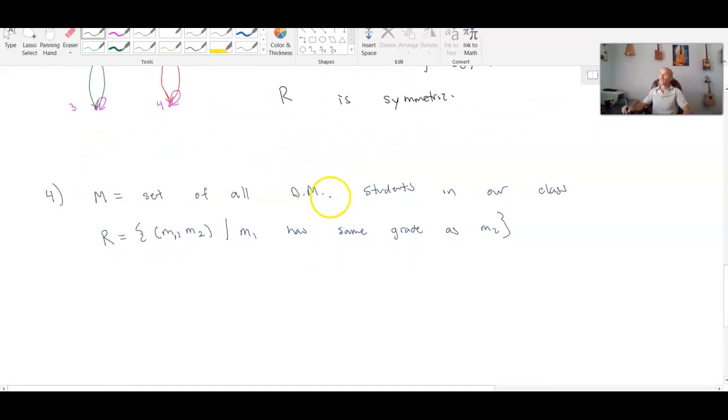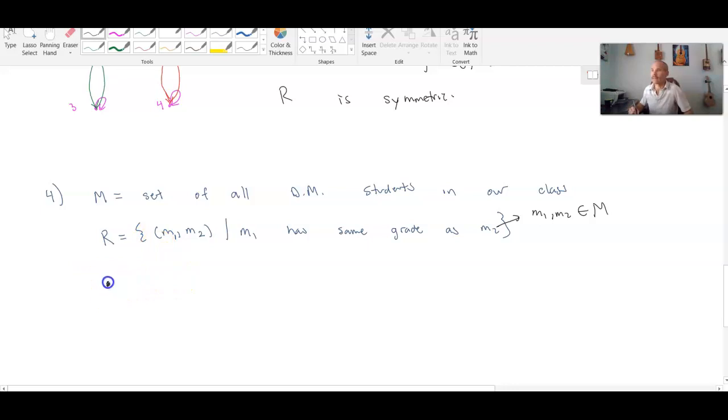M is the set of all discrete math students in our class, and we're going to relate two people in that class if person 1 has the same grade as person 2. Now, I wasn't clear here last time. Of course, I would want to say where M1 and M2 are both elements of students in our discrete math class. Now, I can't really draw this diagram, but I can ask the question.